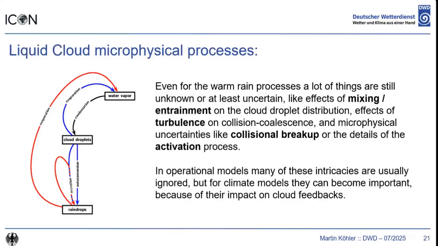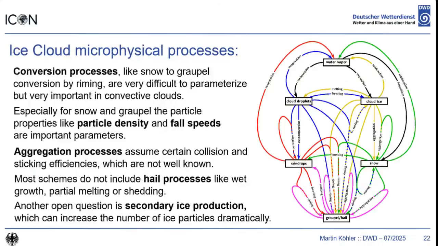Now, if you add ice to it, it becomes quite a bit more complicated. But that's how life is. So you might divide cloud ice and snow, even though the threshold is kind of continuous. But you might also want to add graupel or hail.